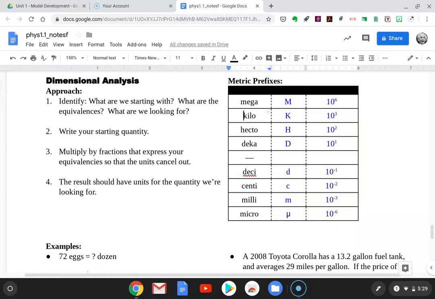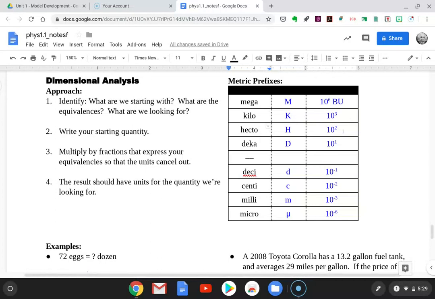And so base units are, give me a second here, I'll just put BU for base unit here. And so the base unit, if we're talking about megameters, is meters. So 1 megameter is 10 to the 6th meters. 1 kilo as a prefix is telling me 10 to the 3rd of my base unit.